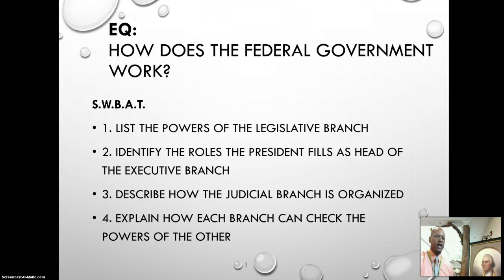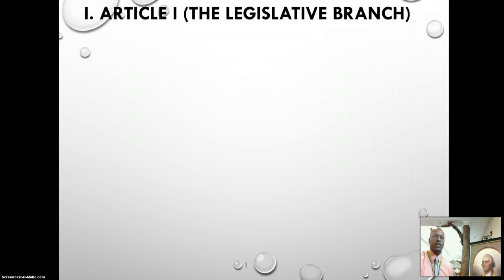Now, you should have spent some time working on your web quest, so you have somewhat of an idea of these objectives, but I want to fill in any gaps. Let's look at the first article in our Constitution that covers the legislative branch. The legislative branch is made up of two houses. Remember, in our previous chapter, we looked at the Great Compromise.